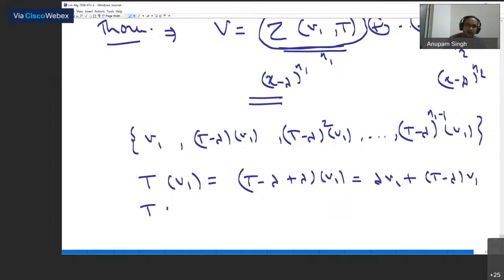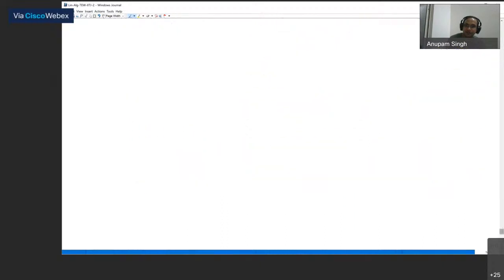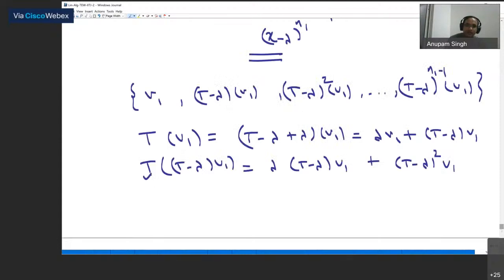Similarly, for the second one, t minus lambda v1, I do the same trick and write it as t minus lambda plus lambda. So you'll get lambda times t minus lambda v1 plus t minus lambda square v1, right? This is what you get until you reach the last one.